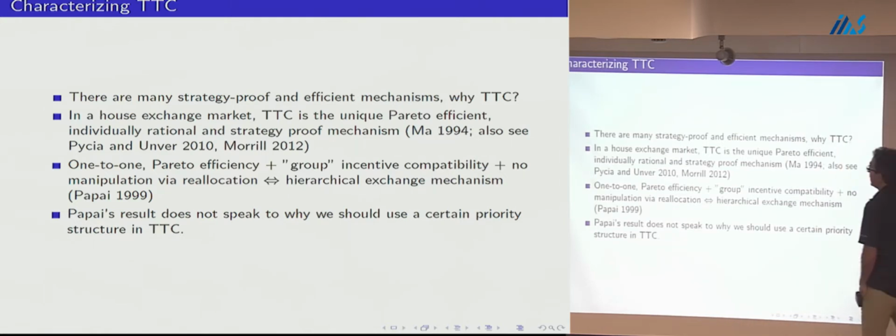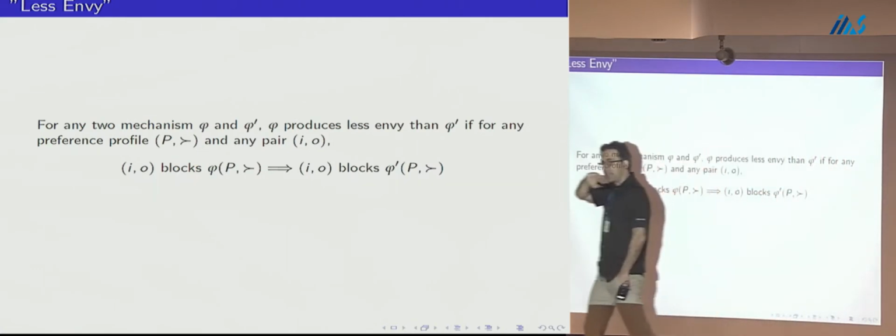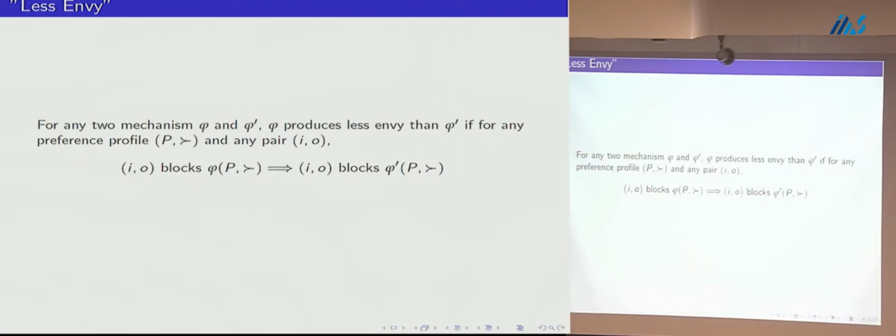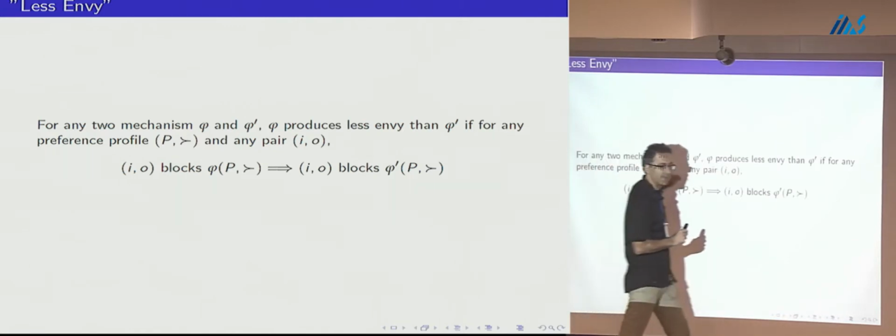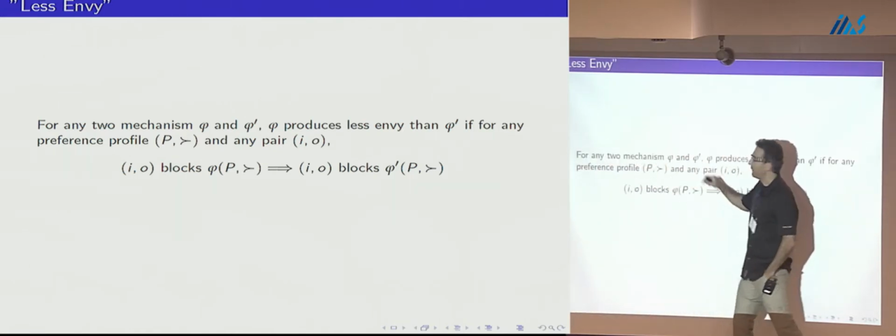So what I will do next is this, a joint work with Yeon-Koo Che, Olivier Tercieux, and Parag Pathak. I'll give a definition. I'll say two mechanisms, phi and phi prime.